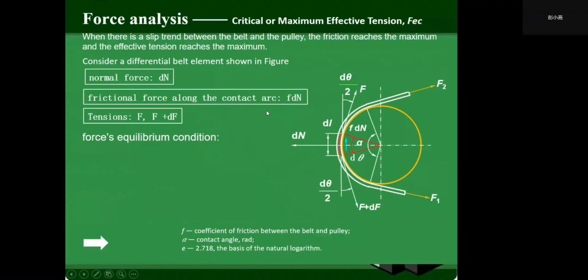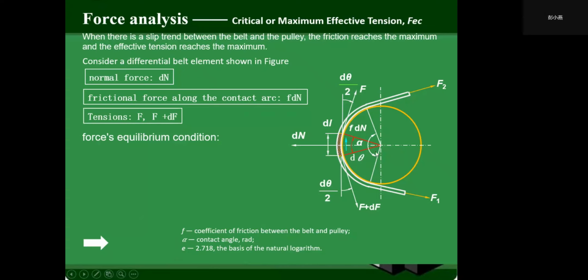And when there is a slip tendency between belt and pulley, the friction reaches the maximum and the effective tension FE reaches the maximum. So we can calculate the maximum effective tension FEC.